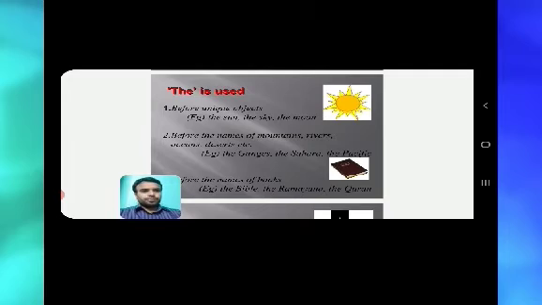If you get such words, the word should begin with the. For example, the sun is a unique thing. There is no other sun, only one sun. And the sky, we know there is only one sky, and the moon is only one moon. Unique objects take the.